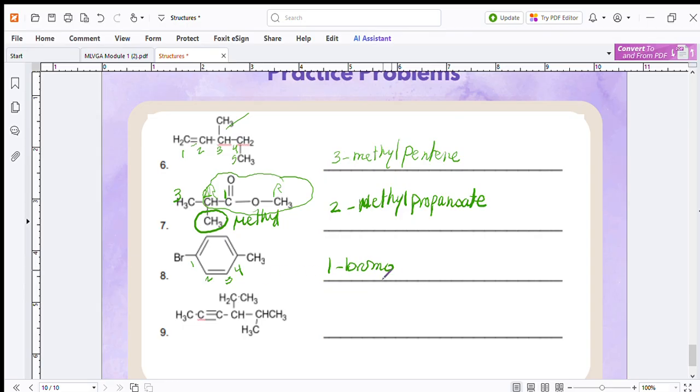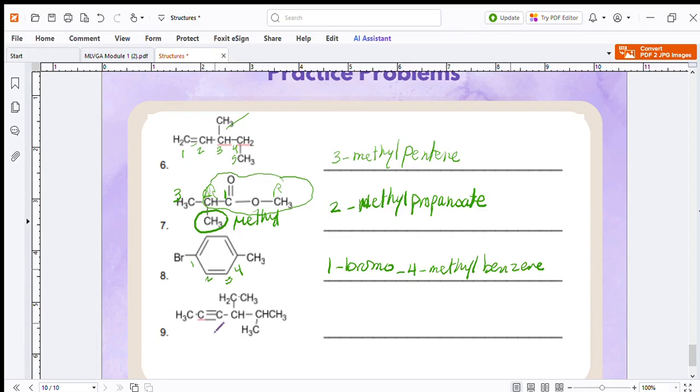So the methyl is at number 4. 1-bromo-4-methylbenzene. So ito po ang naming niya.